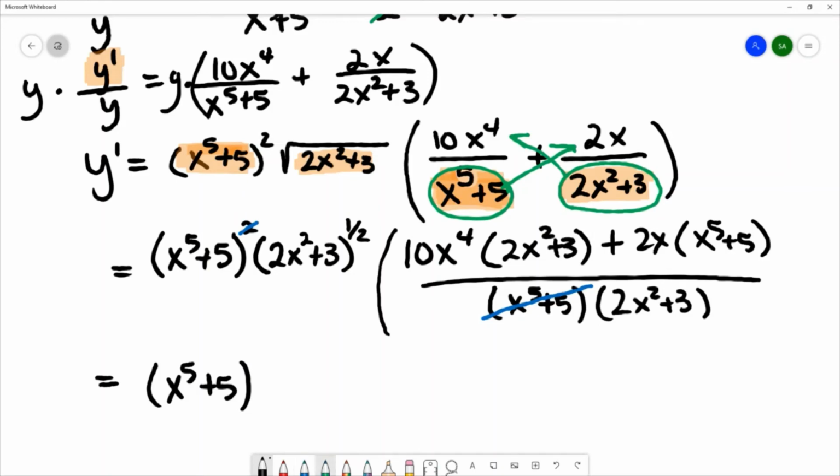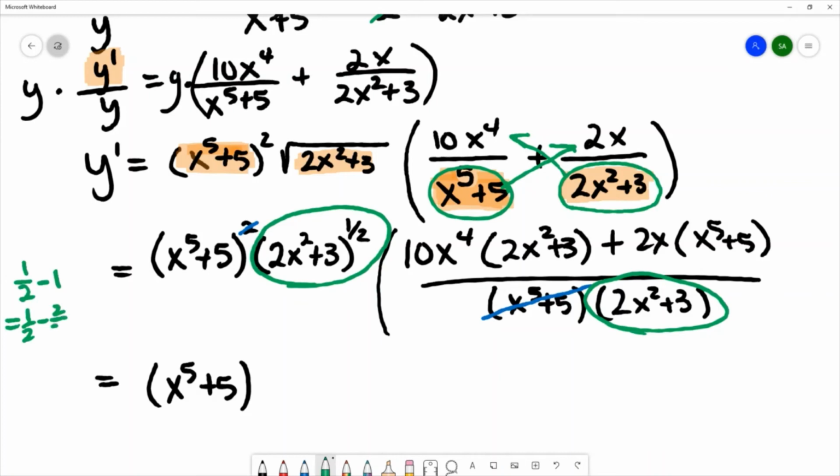I'm also going to be able to combine this factor in the numerator with this factor in the denominator. Since they have the same base, I'll subtract the exponents. So I'm doing 1/2 minus 1. That's 1/2 minus 2 over 2, and that's a negative 1/2.